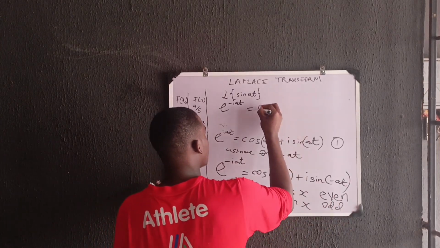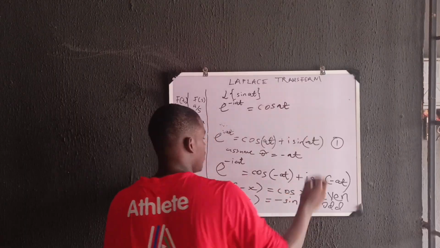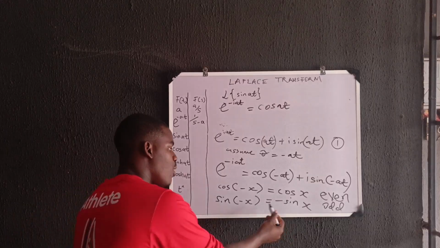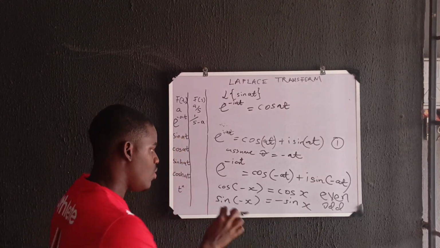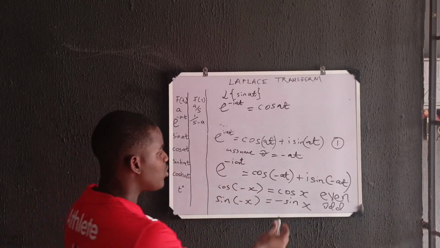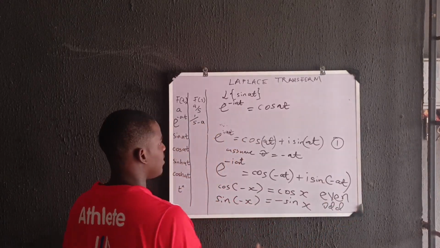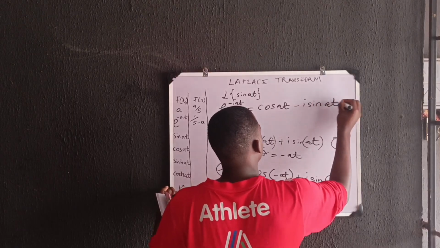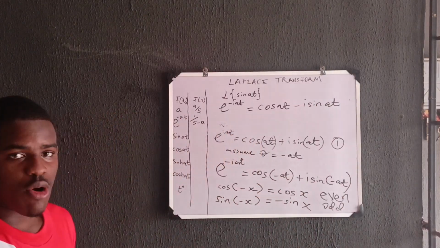So we are just going to say cos at, then plus i sine negative at. Because sine is odd, we are going to have minus i sine of at. So this is our second formula.